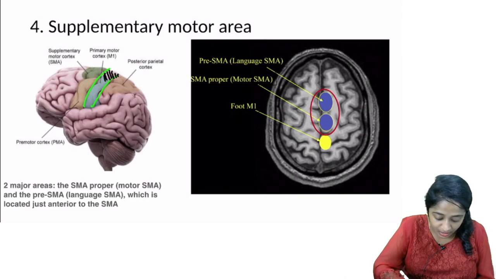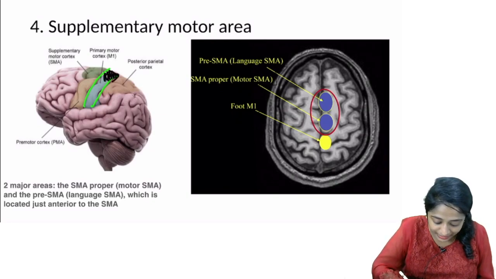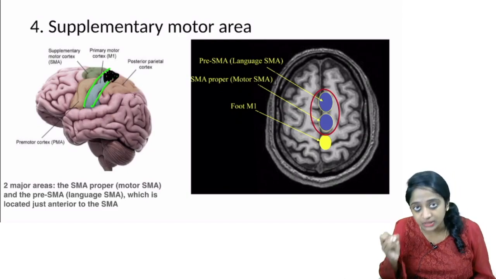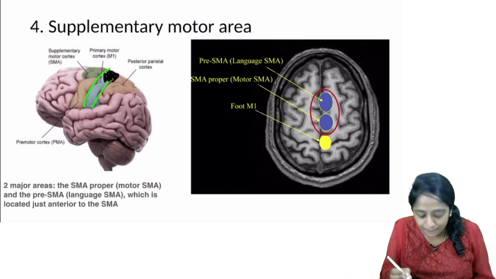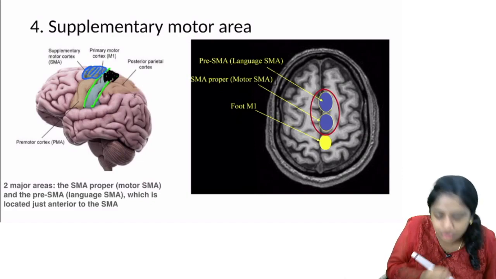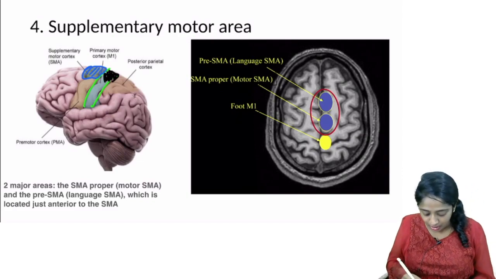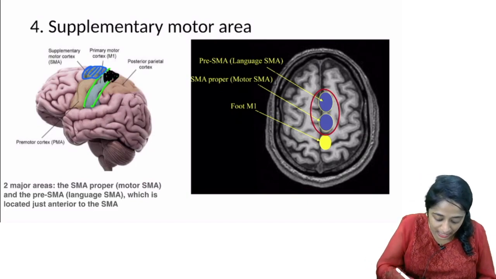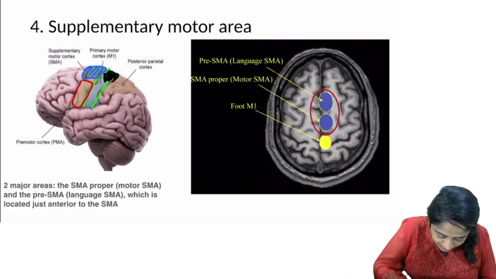So this is somewhere where the foot motor area will be represented. Now, to localize the SMA or supplementary motor area, remember that it lies just anterior to the foot motor cortex. So this is our location. And as for the boundaries, laterally what do you have? Laterally it is bounded by the premotor cortex.